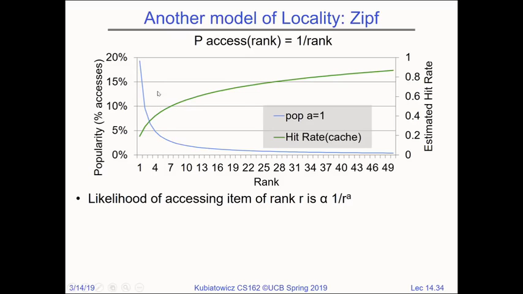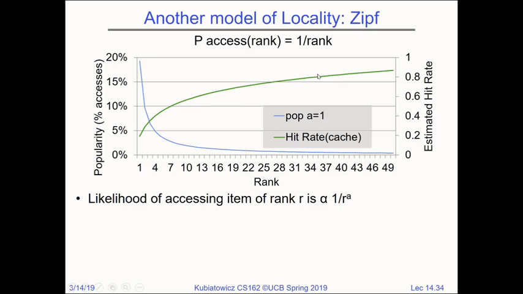What you see here is that the blue curve tells me, as I go out to a given rank, I take the popularity, I sort them, and as I go out further and further, the popularity falls off. As I increase cache size to include some of these less popular items, the hit rate goes up.